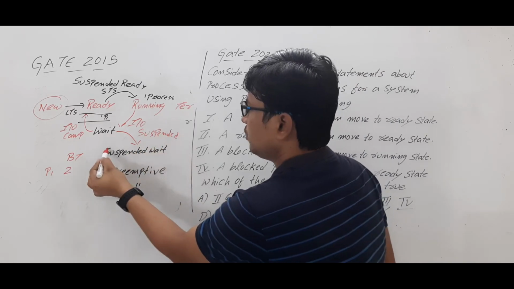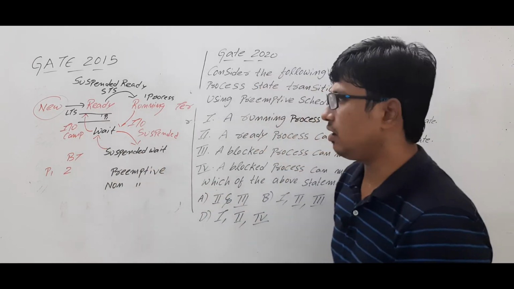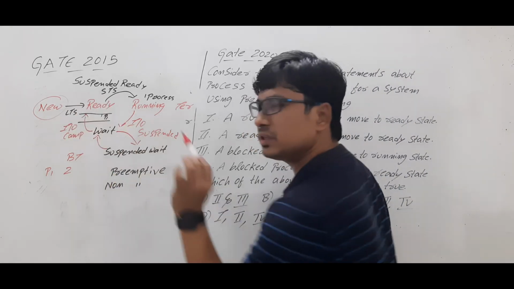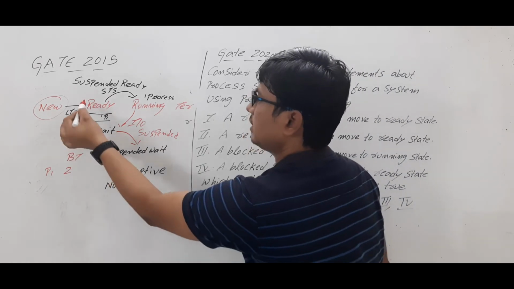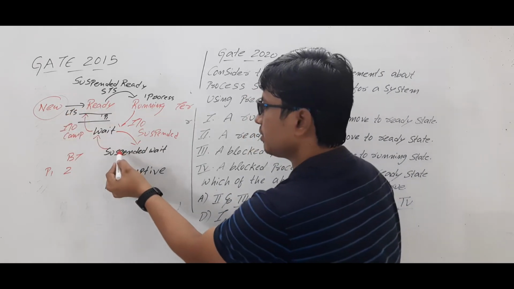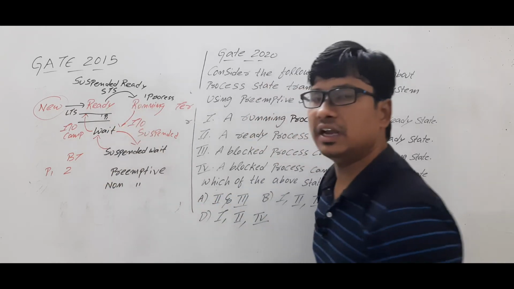Once its IO operations are completed or the queue is free, it can go to the wait state, and from the wait state to the ready state, because from the suspended wait it goes to wait and then to ready. It will never go from suspended wait to running, or from wait to running directly.